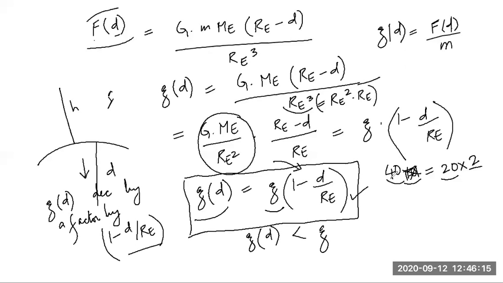We clearly know now how acceleration due to gravity decreases by what factor when the point is going up, height h, as compared to acceleration due to gravity on the surface, and when a point goes down.